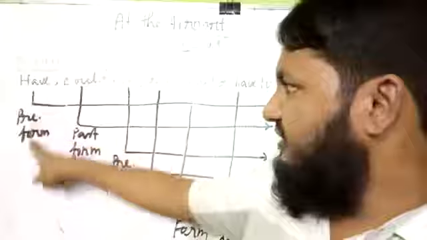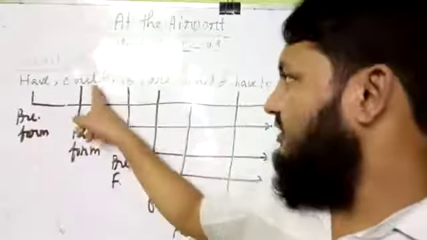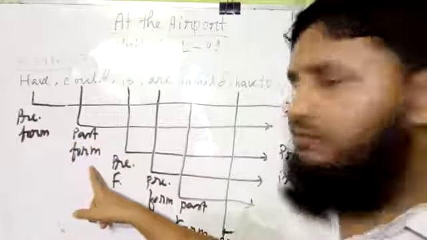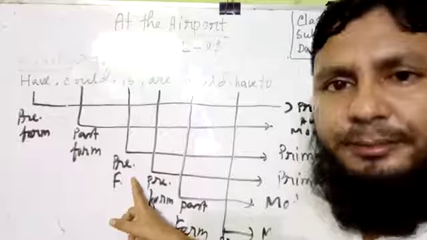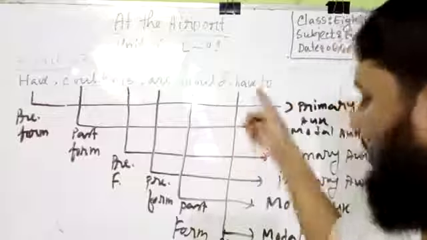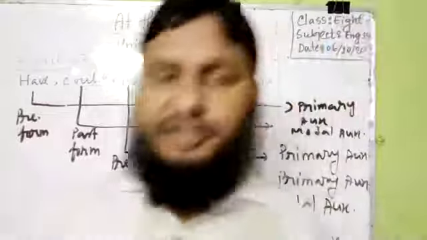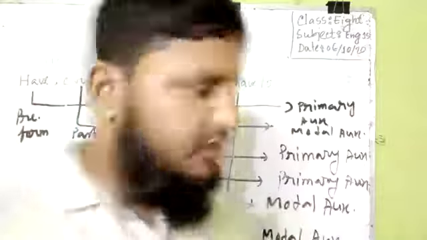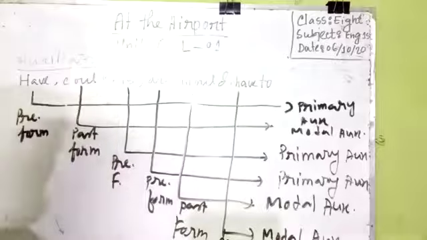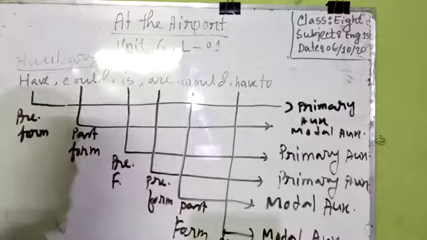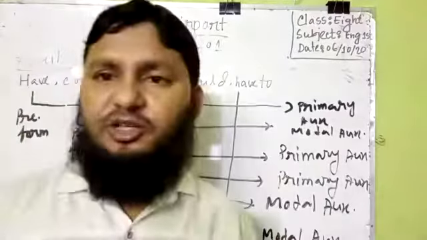Again we have got the idea that here have is present form, could is past form, is present form, are is present form, would is past form, have to is present form. Now we shall know some special meaning of these auxiliary.